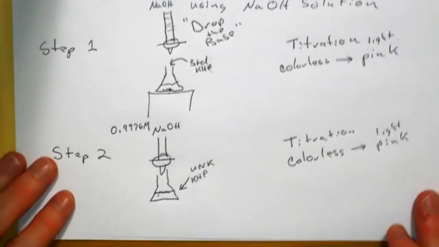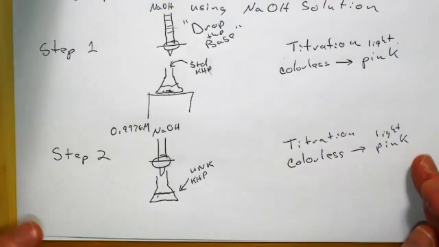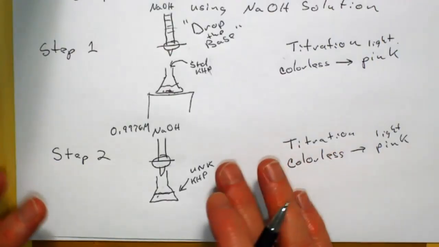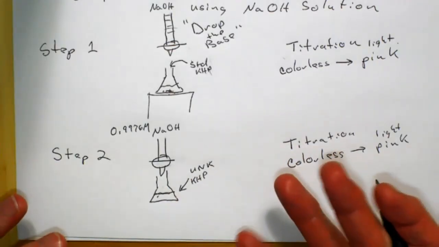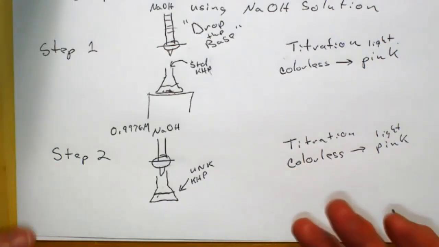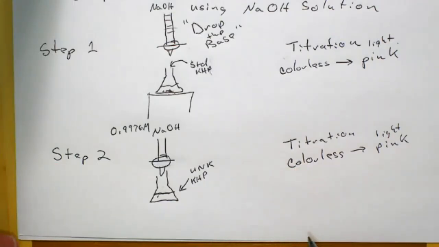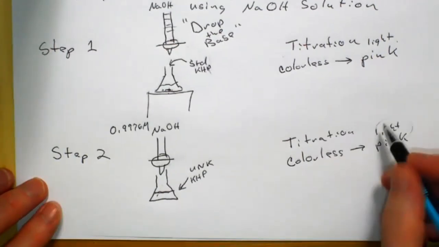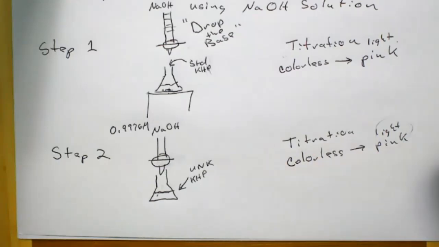If we go to dark pink, then it changes all the indicator. You could go 2 drops over and it's dark pink, or you could go 40 drops over and it's still dark pink. If you go to light pink, you'll go half a drop further and it will be darker pink, right?